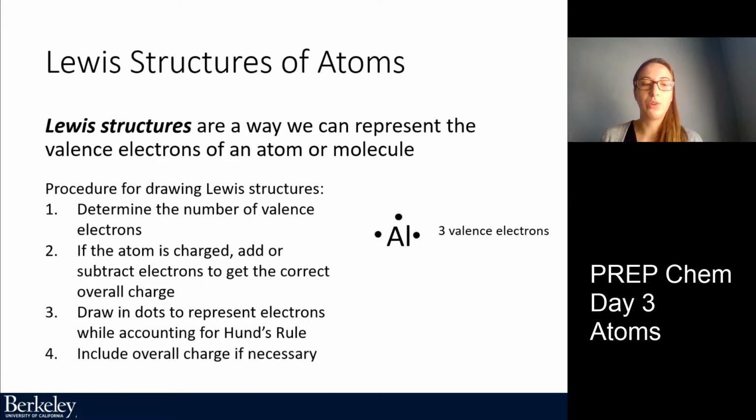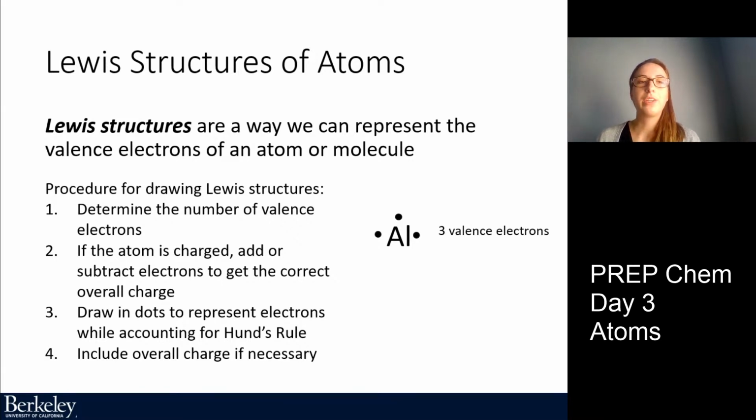And then you would also want to include overall charge if necessary. Since this example is neutral, you wouldn't have to write anything. But if it had been a cation or an anion, you would want to put a plus or a minus in the corner, just to represent to other people that that is in fact a charged species.